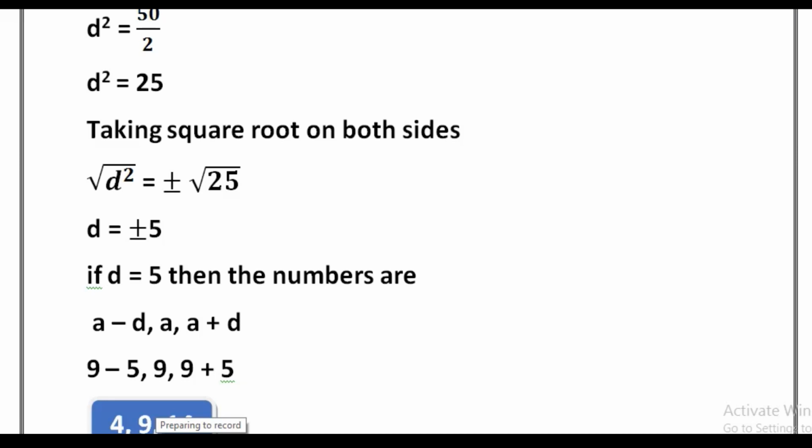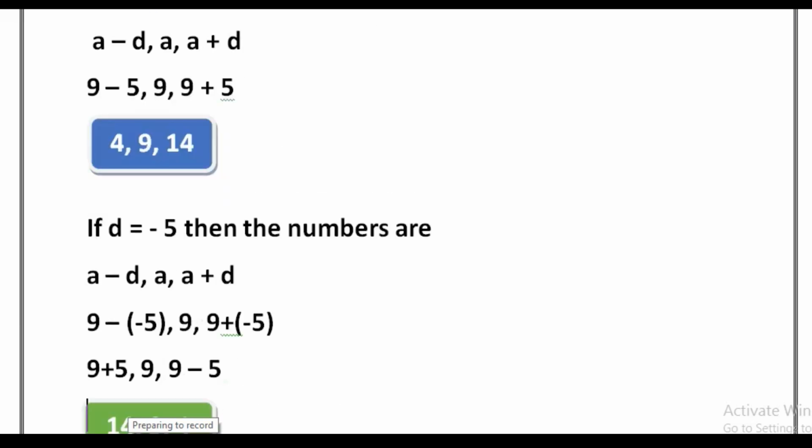Putting the value of a equal to 9 and d equal to 5, the first number is 9 minus 5, which is 4. The second term is 9. The third number, 9 plus 5, is 14. So 4, 9 and 14 are the numbers.